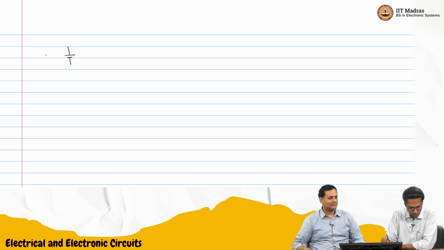So let's say I have a 100-volt DC source. Then there is a switch.